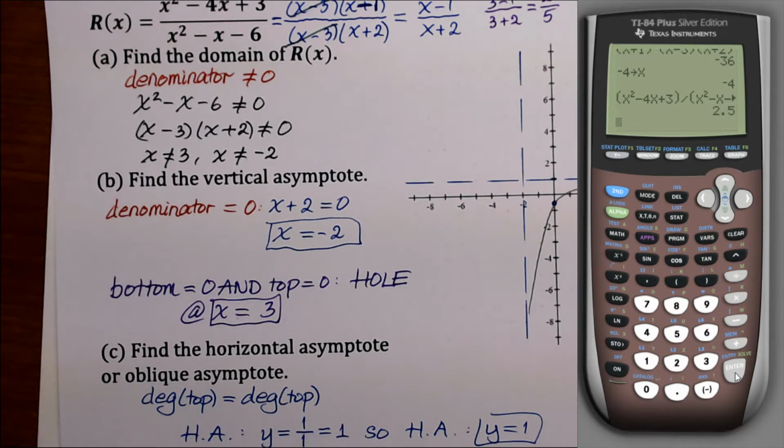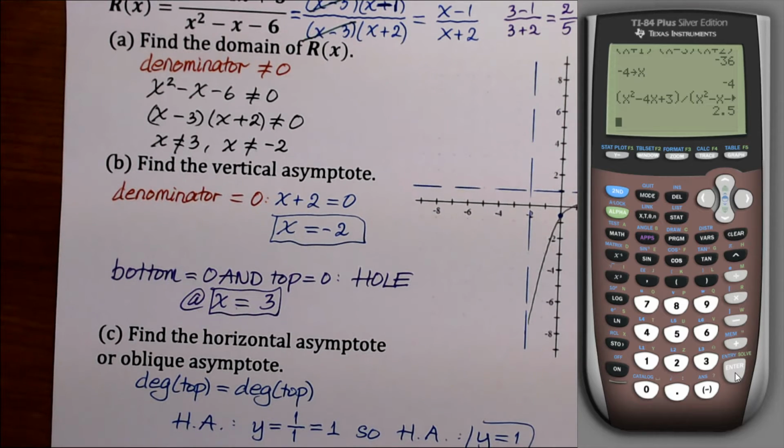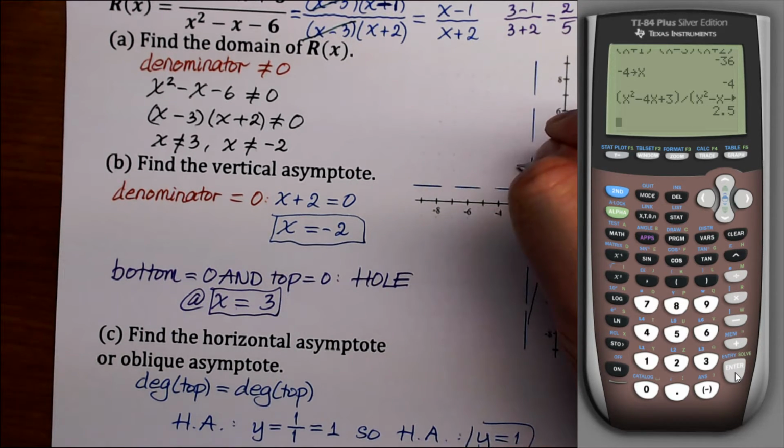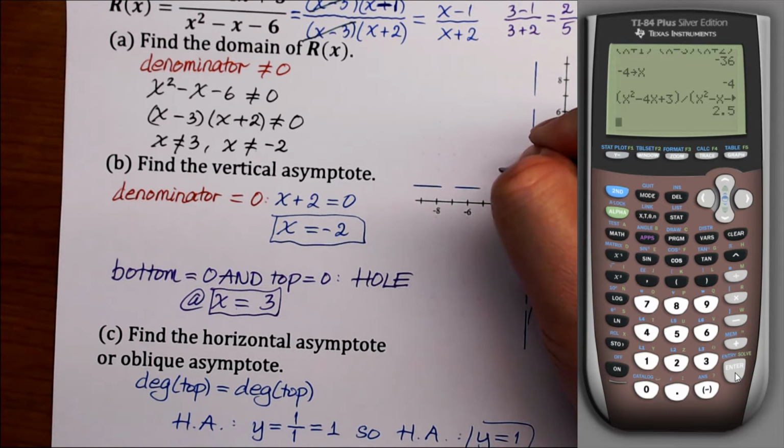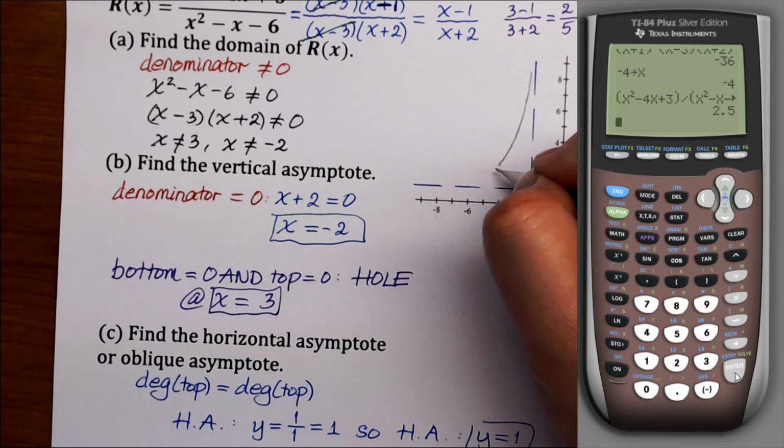So when x equal to negative 4, we have 2.5. So it is about here, about here. So we can see that the graph might look like this.